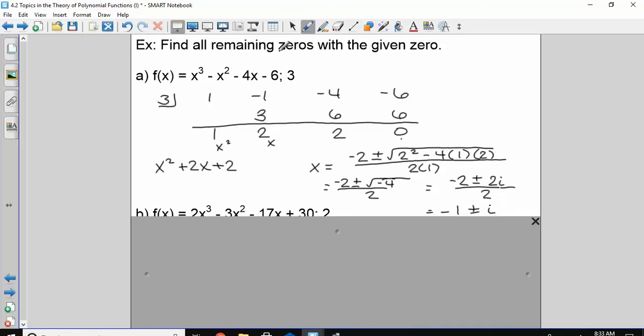I just said give me the remaining zeros, the rest of the zeros. Zeros are just the numbers, no x's, so that is my answer. Setup was the same, the only difference was how we answered it. Are there any questions here?